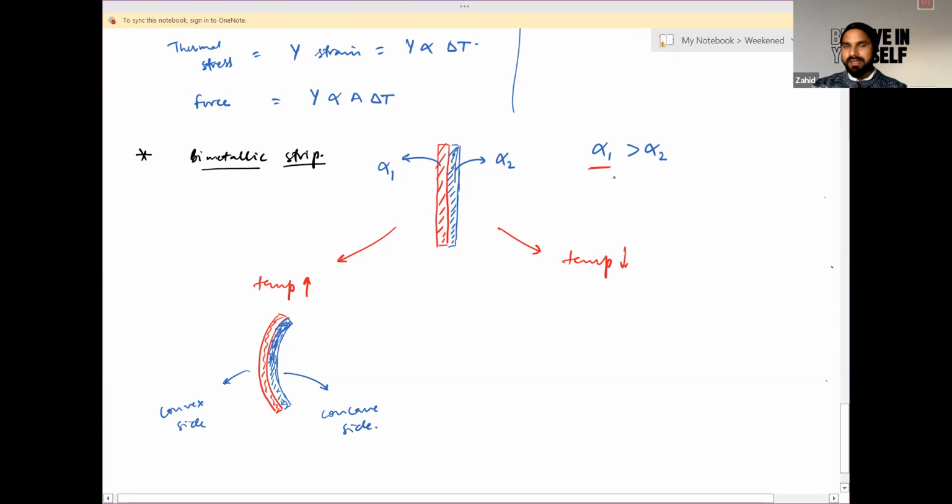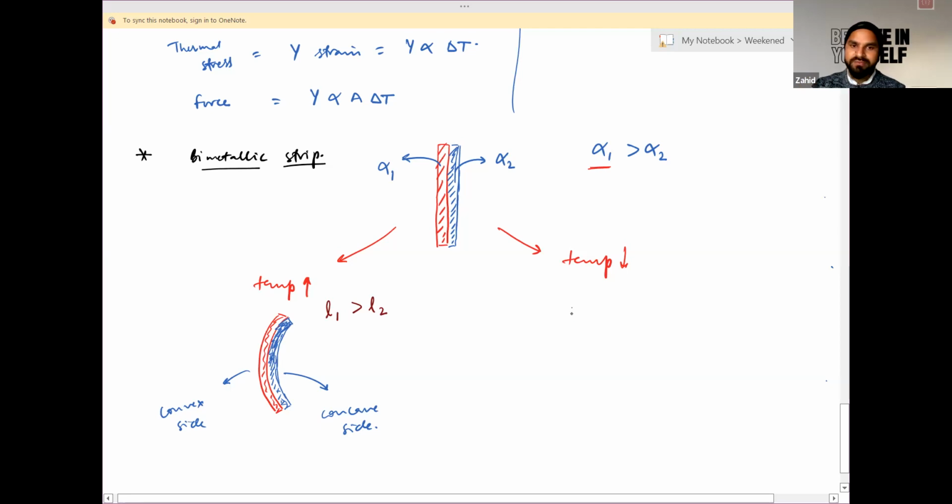You will say, since alpha 1 is greater than alpha 2, on increasing temperature, L1 will be greater compared to L2. Similarly, on decreasing temperature, since alpha 1 is more than alpha 2, length will decrease more in the rod with alpha 1.